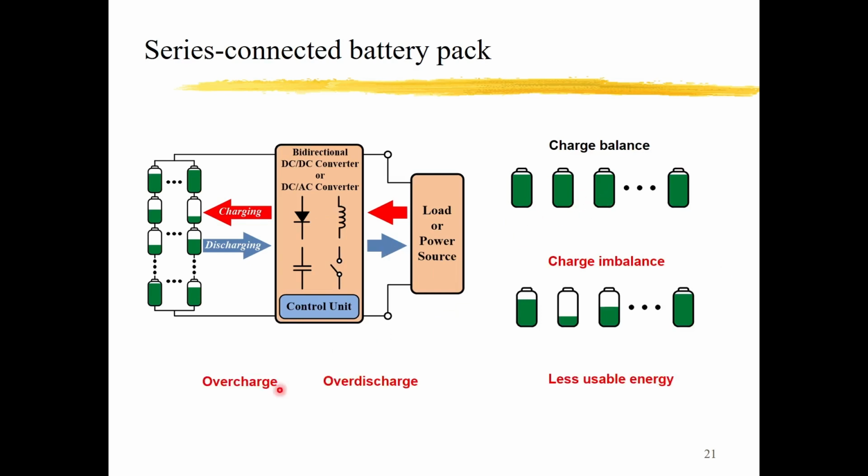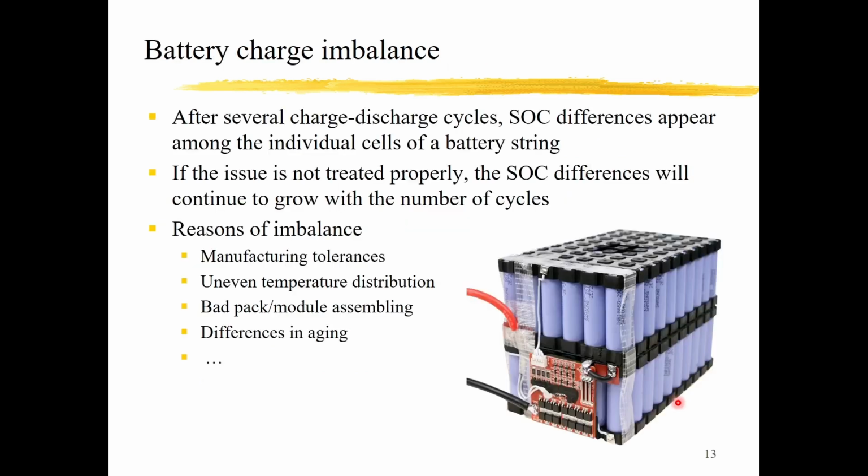Okay, so the problems of the unbalanced battery system may cause overcharge, may cause over discharge, or may cause less useful energy for your systems. And the imbalance will be even more serious after several cycles.